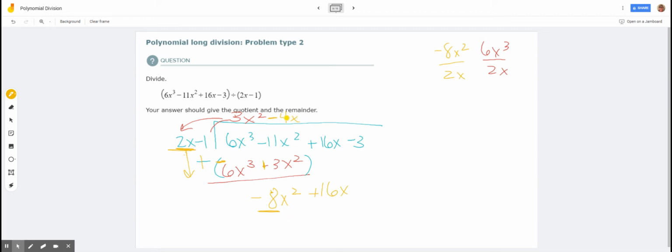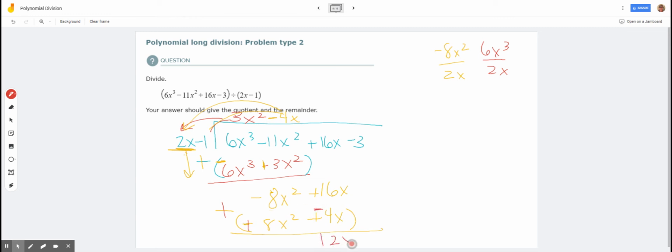Okay, then we're going to multiply these. And you're going to get negative 8x squared plus 4x. And now we're going to subtract this quantity, which means we are going to add the opposite.